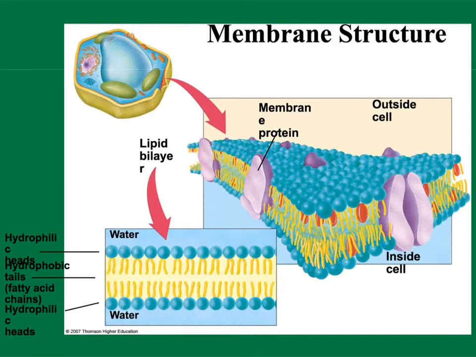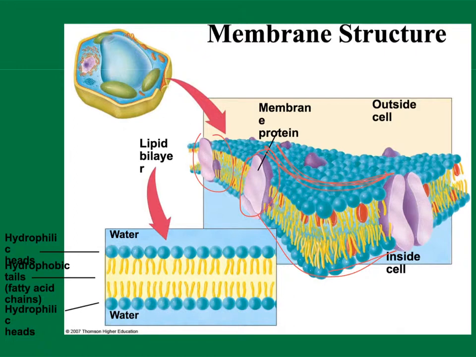So here's our cartoon representation of a membrane structure. So you can see these proteins that are embedded, and then you can see that there are these 2 layers. So we've got a layer here on top and then a layer below. And what I want you to notice is that the hydrophilic heads are going to point outwards towards the water.